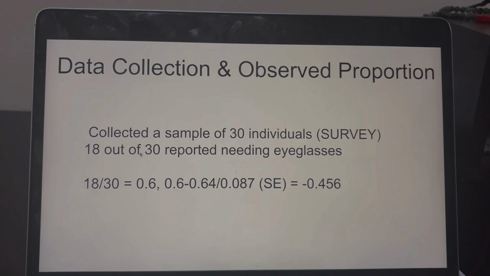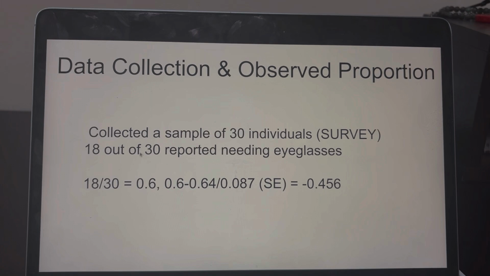And to get the z-score calculation, we take the observed proportion minus p over our standard error of 0.0877. I forgot a 7 on the slide.